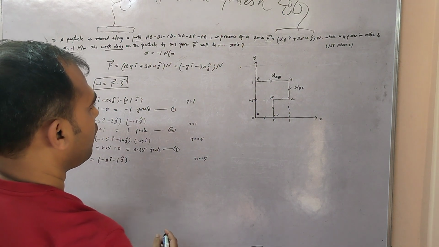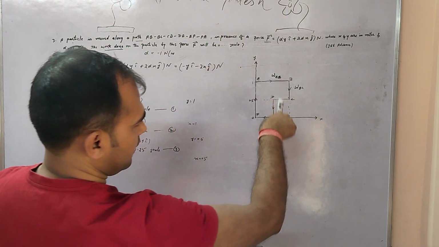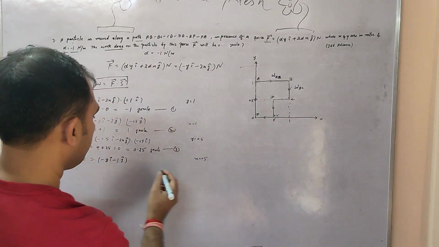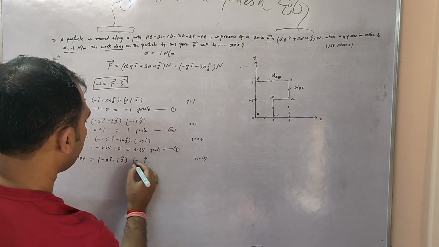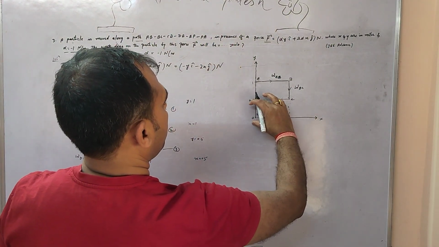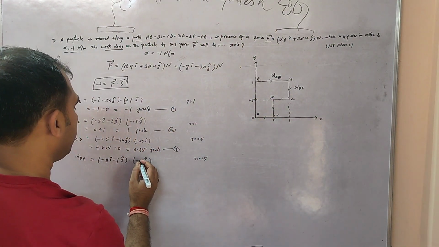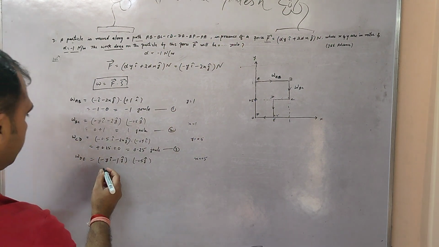Dot, what will be the displacement vector? DE, minus j direction, minus j cap, and what is the magnitude? That is 0.5 meter. So this will be 0.5 j cap.